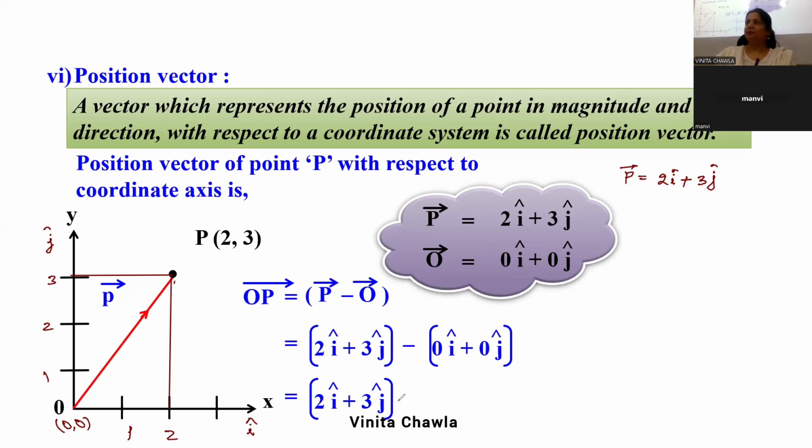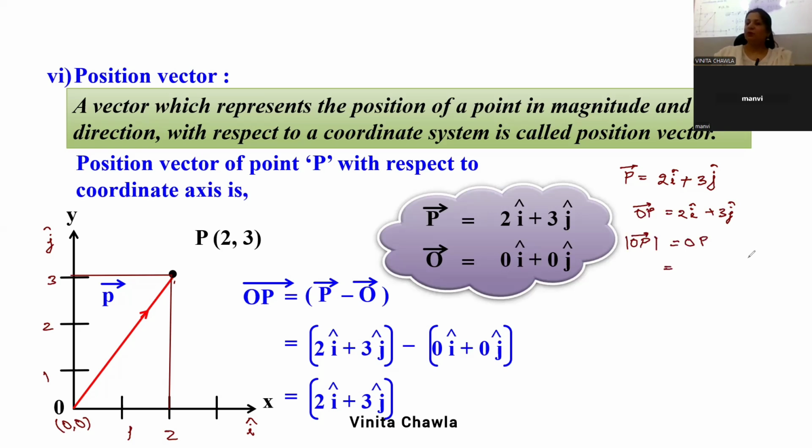Clear? Okay. Now, if I want to write magnitude of this vector OP, how do we write magnitude of a vector? Vector OP is given. It is 2i cap plus 3j cap. The magnitude of OP can be represented as this, or we can simply write OP for this. कैसे find करते हैं?